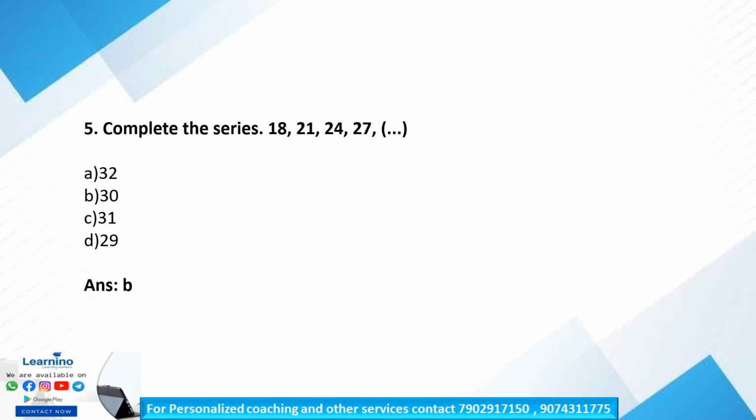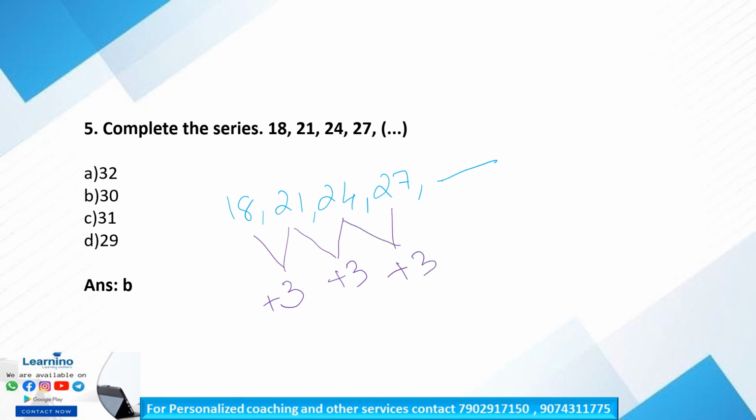Complete the series 18, 21, 24, 27 and dash. So we have to find the missing number. What is the difference between 18 and 21? 19, 20, 21. So 18 plus 3 is 21, 21 plus 3 is 24, 24 plus 3 is 27.